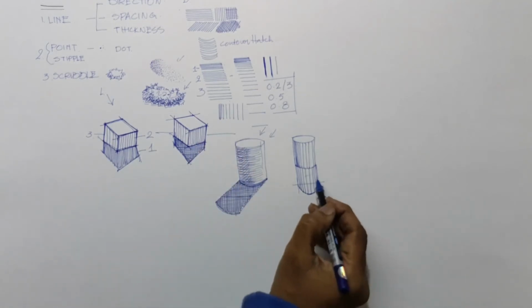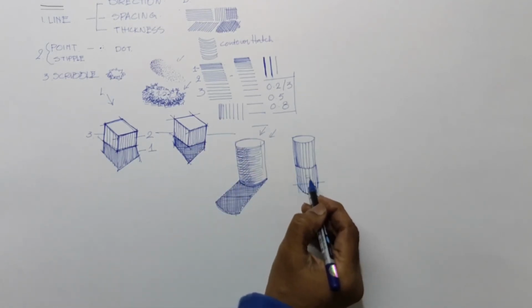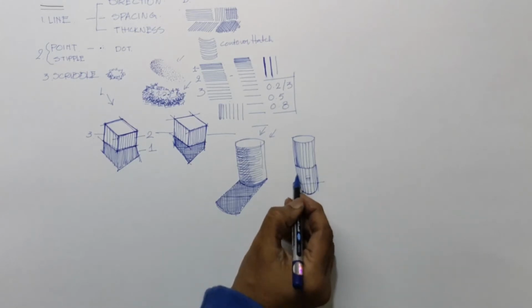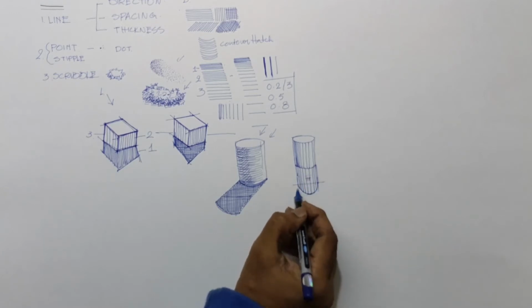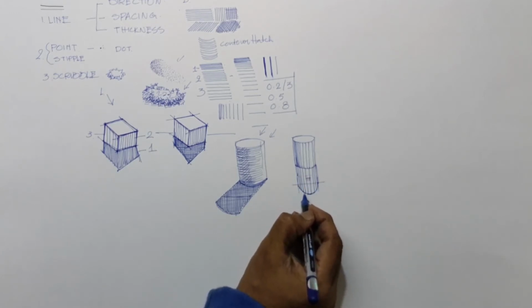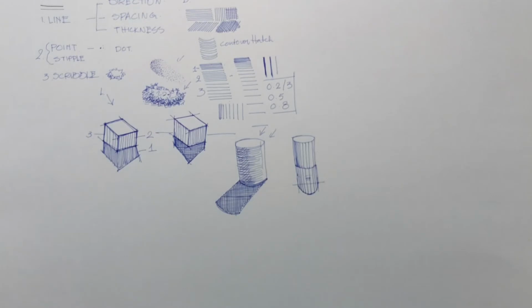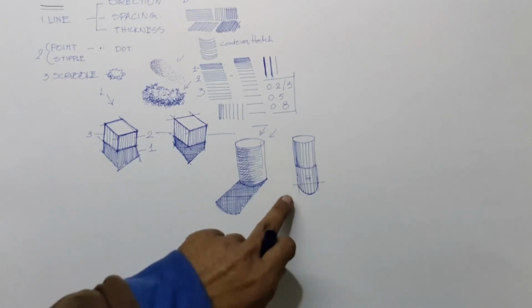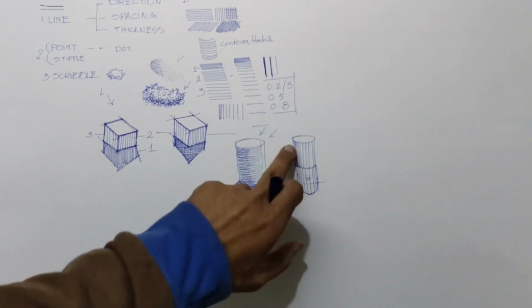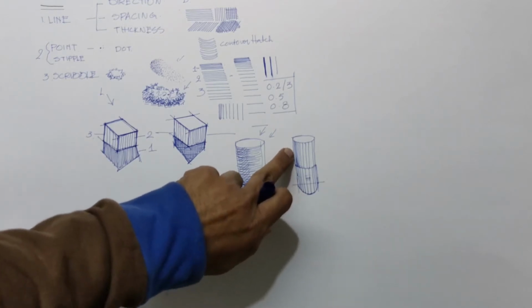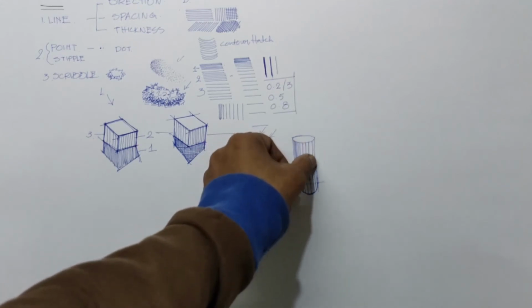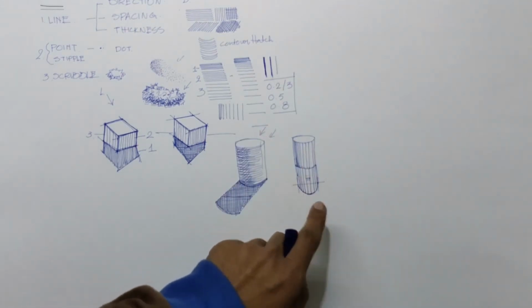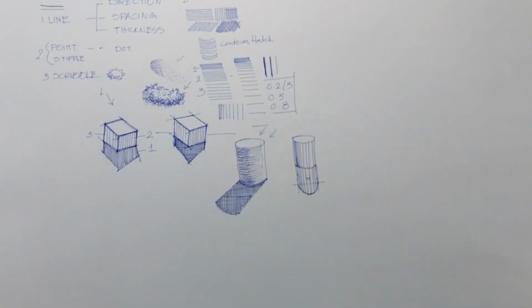If you notice, see the spacing here and see here, it is more here and very little here. But on the circumference we have plotted dots at equal spacing. When you start projecting onto the elevation, here it is becoming closer and slowly the spacing is increasing. Again on the other side you find the same thing. So this is a simpler technique we use in architectural drafting.